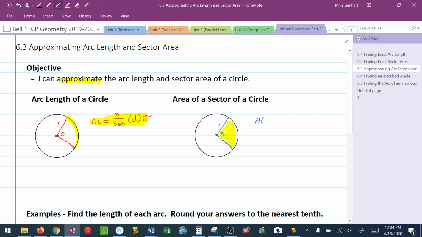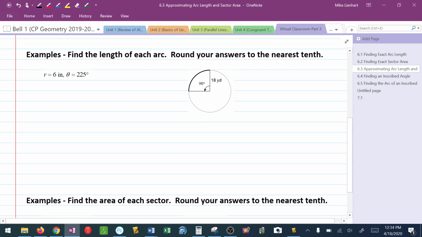The area of a sector is, again, theta over 360, our fractional part, times the radius squared times pi. None of these formulas should be new to you, but what we're trying to do now is approximate to the nearest tenth, so we're going to be typing pi into our equations. Let's take a look at some examples.